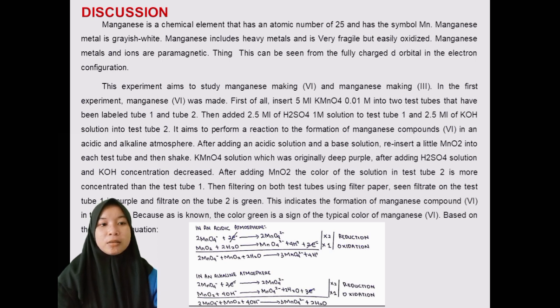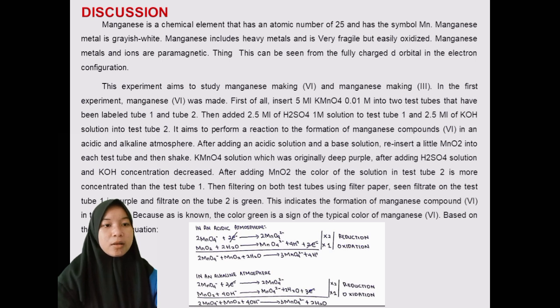After adding the acidic solution and the base solution, reinsert a little manganese oxide into each test tube and then shake. The potassium permanganate solution, which was originally purple, after adding sulfuric acid solution and potassium hydroxide, decreased in concentration. After adding manganese oxide, the color of the solution in test tube 2 is more concentrated than in test tube 1.